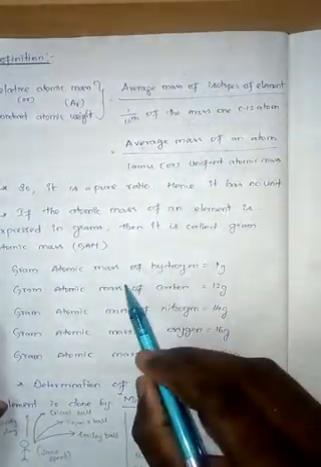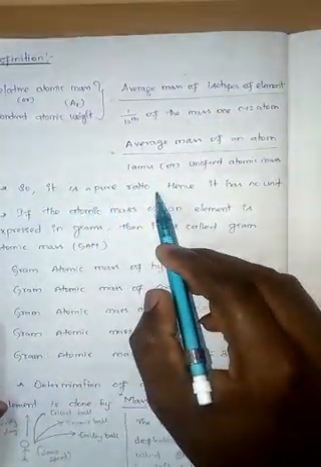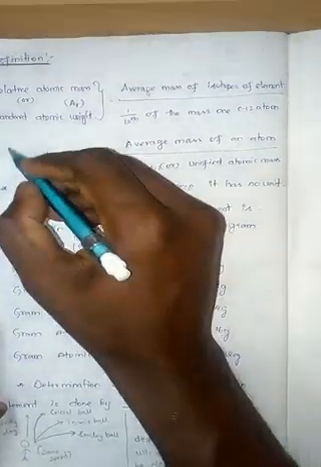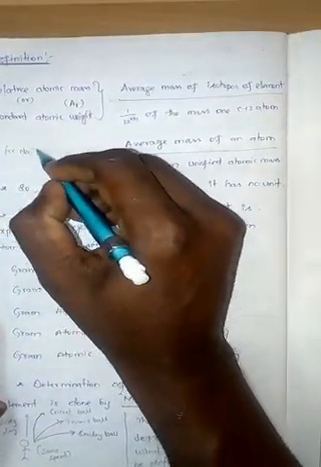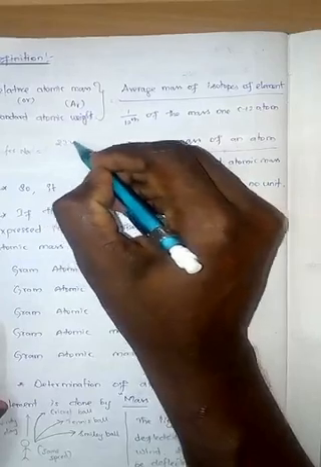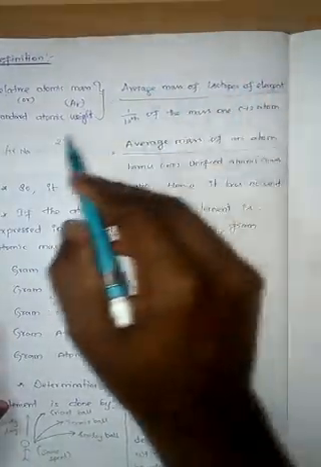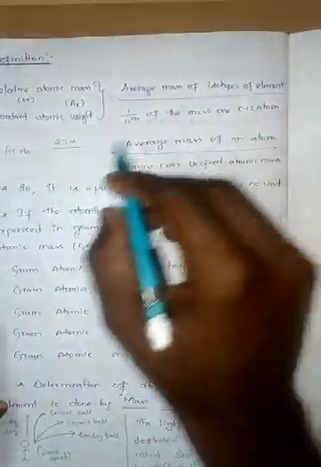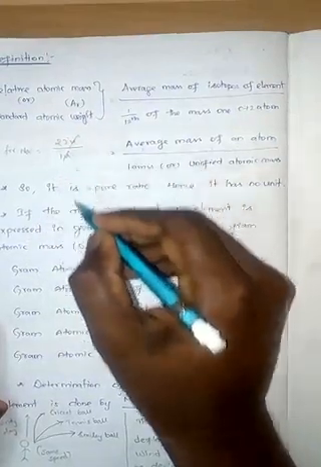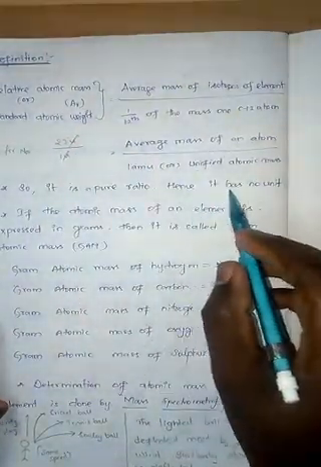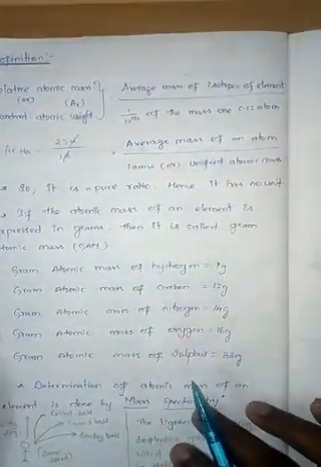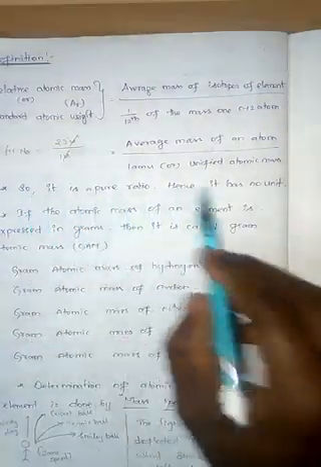So it is a pure ratio, right? For sodium, 23 is the average mass of the isotopes of the element divided by, as per the carbon scale, 1 U. So this will be cancelled. There is no unit. Hence it has no unit. So it is a pure ratio.